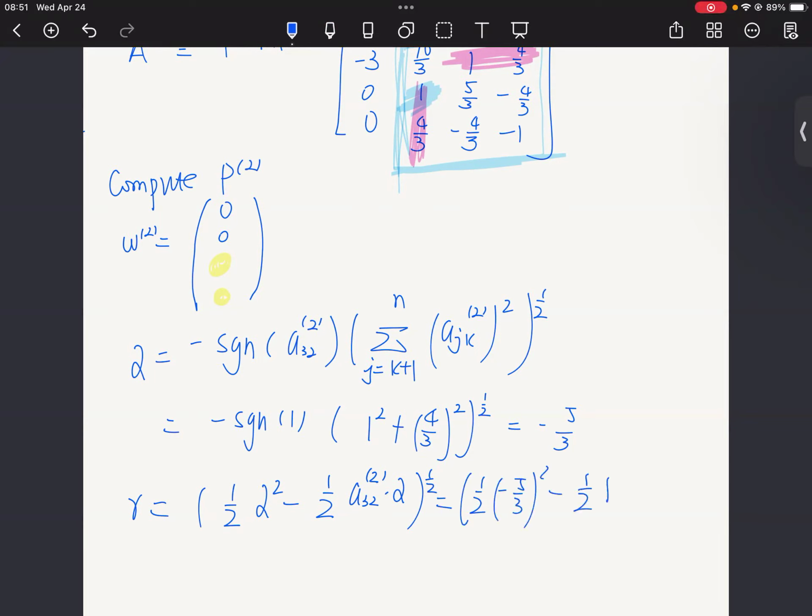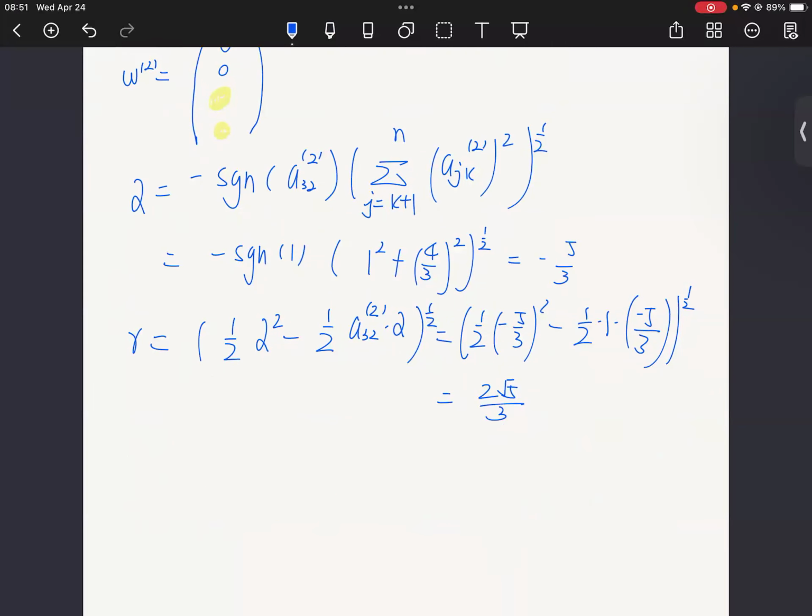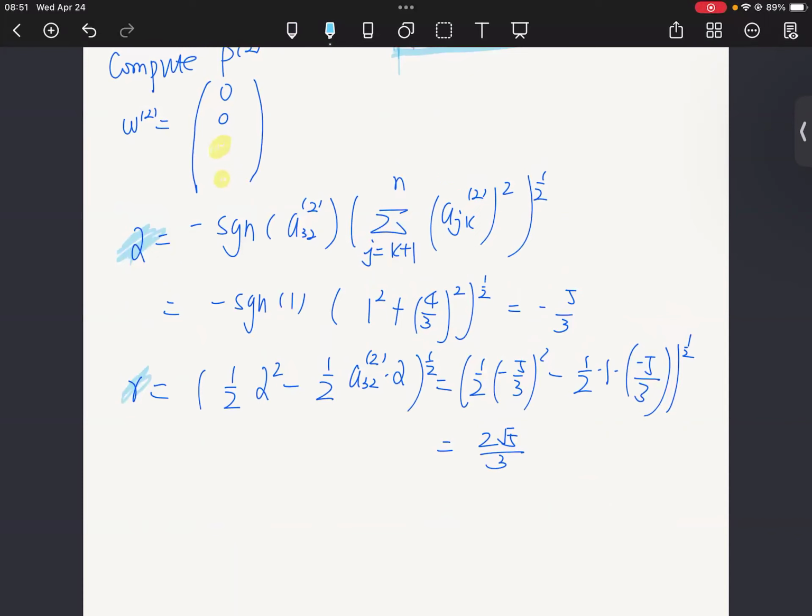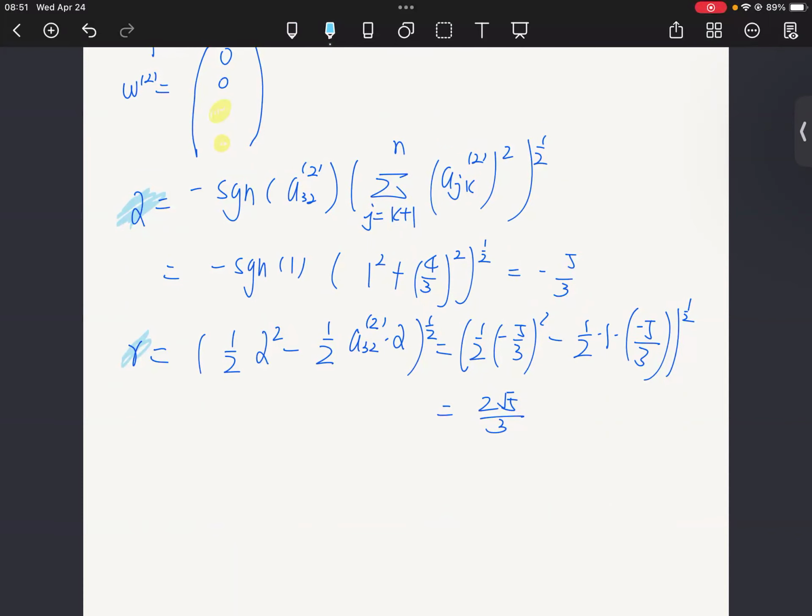At the end, using the calculator, I got 2 square root of 5 divided by 3. This is just the side product. Once again, we have a formula for W_(K+1),K.